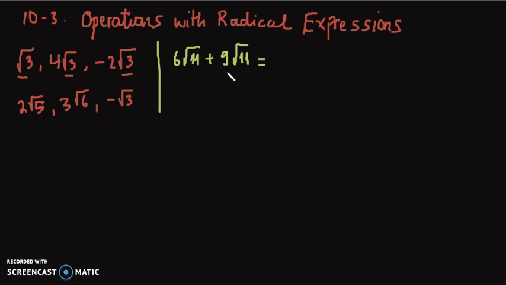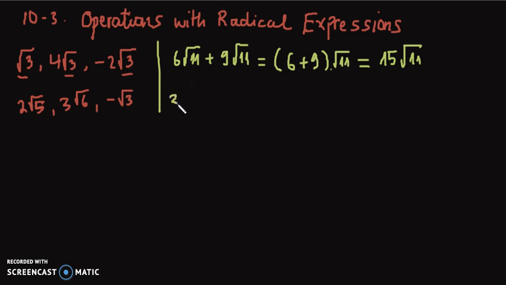So again, these two numbers are like radicals because they have the same radical, square root of 11, and thus you can actually put the square root of 11 out, and inside you have 6 plus 9, or 6 plus 9 is 15, times, this is multiply, right? Multiplied by square root of 11.